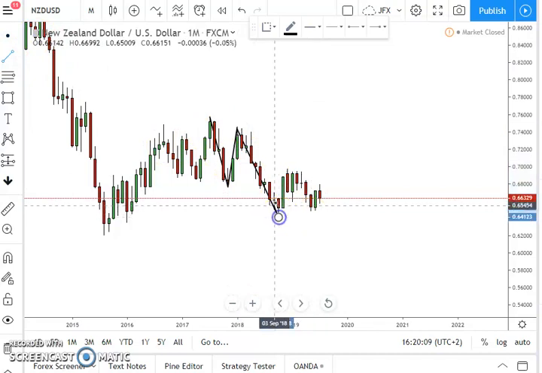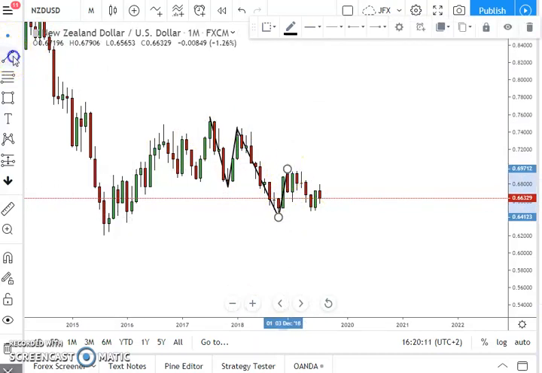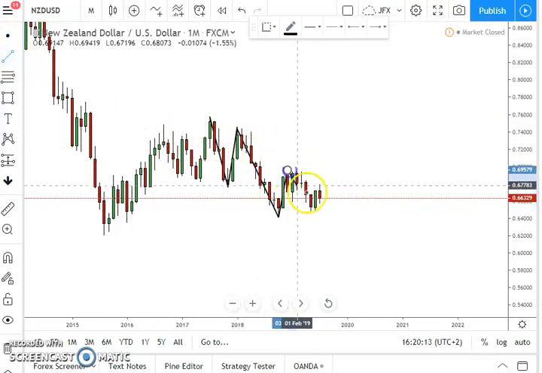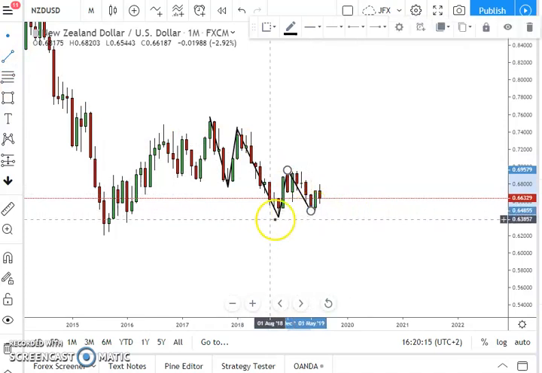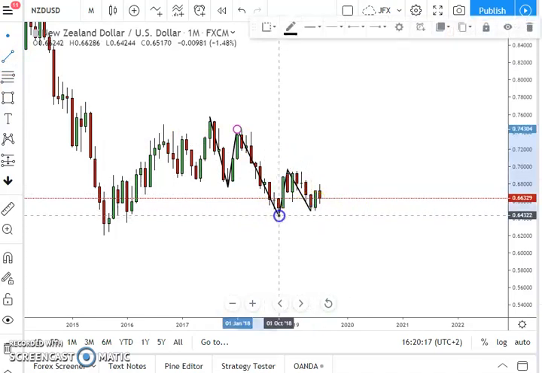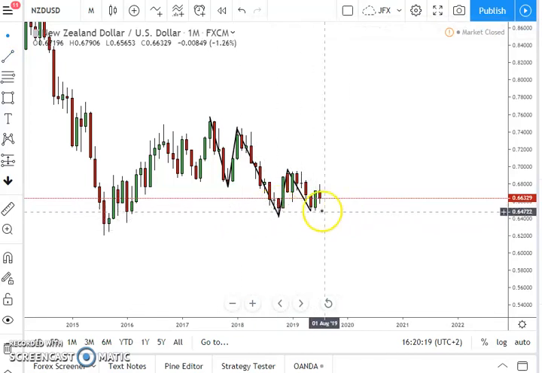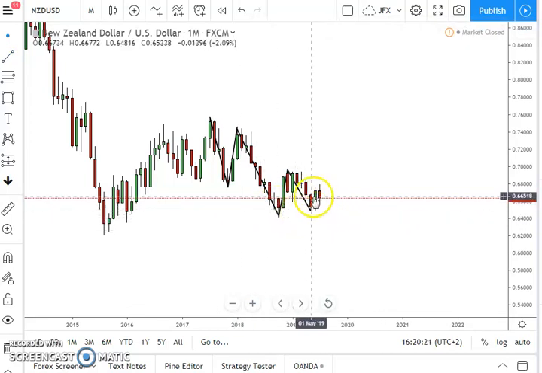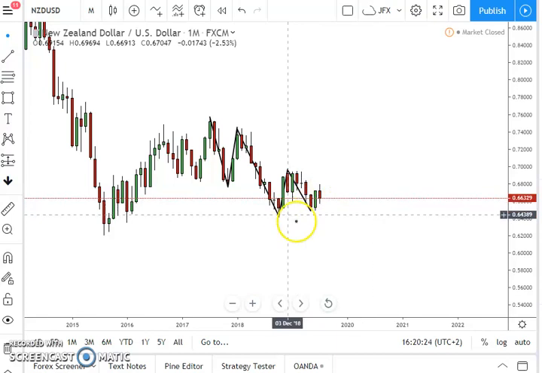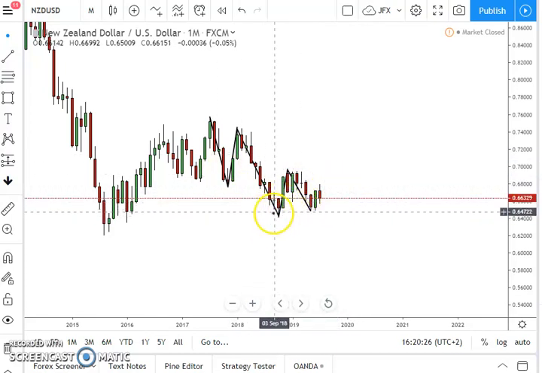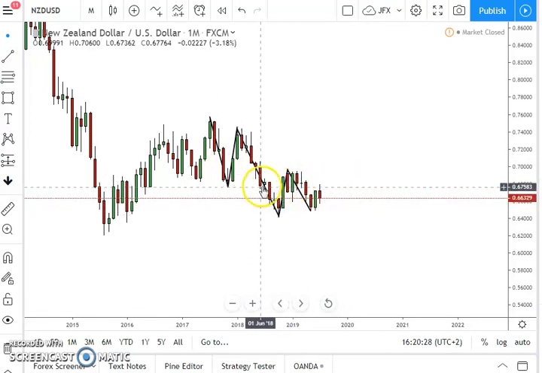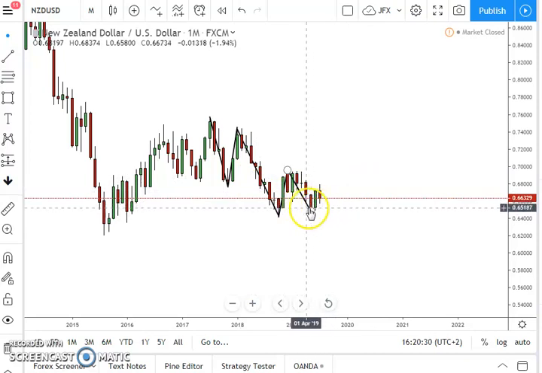Afterwards we tried to push up but failed and started to create a new lower high. But instead of breaking the previous one, we failed and started to create a new higher low, which is obviously higher than the previous one. So right now what we're looking to see is whether we are going to break this one or not.